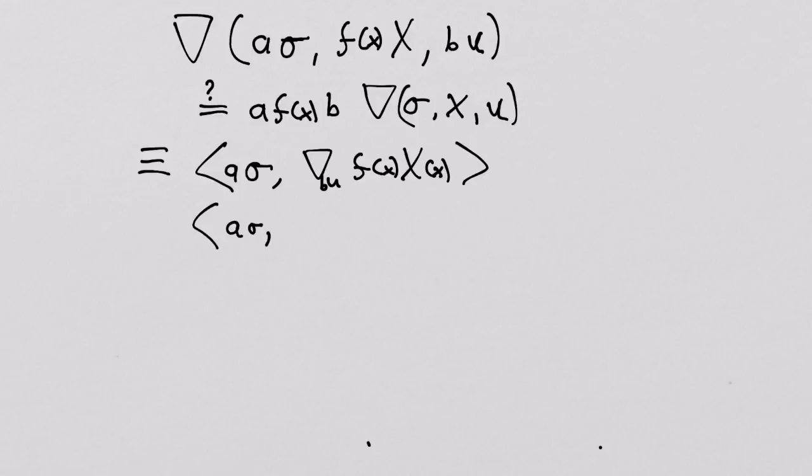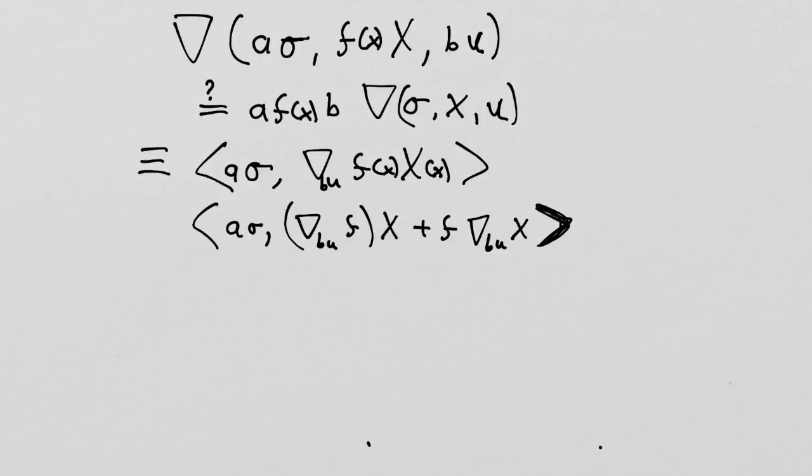theta, and then it's going to be the product rule. We're going to use the product rule in here, and we're going to get del B u acting on F times the vector field x plus F times the del B u acting on x, right? And then this overall mapping here is linear, so this plus sign can split into two separate mappings.